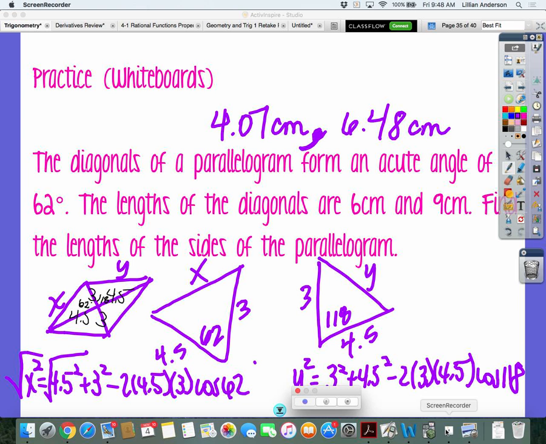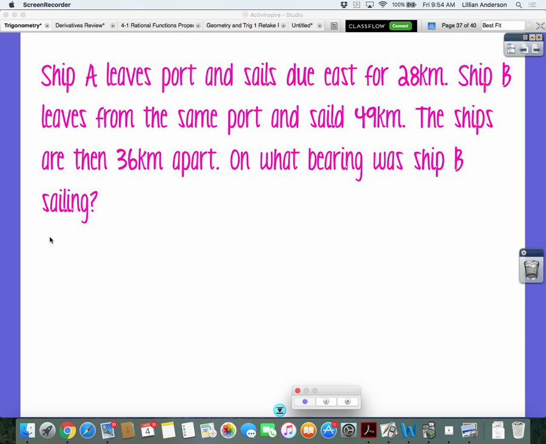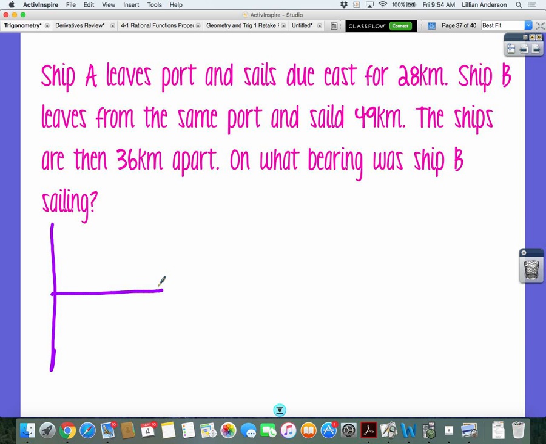Alright? For this particular problem, the only thing you know for sure is that ship A is sailing east for 28 kilometers. And ship B leaves from the same port and sails 49 kilometers.